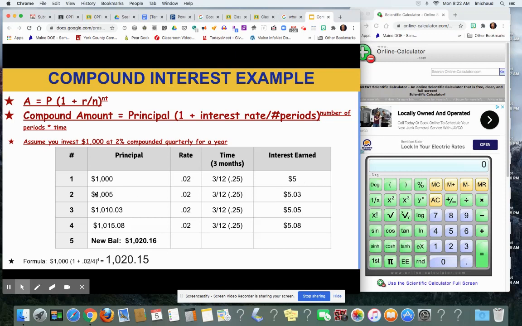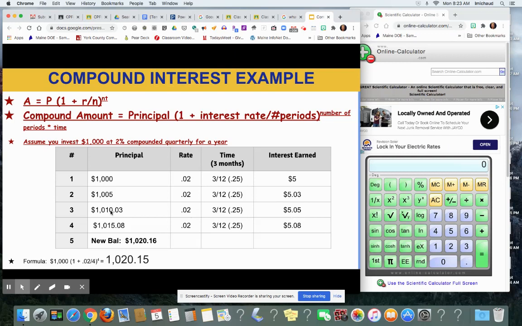So then your new principal at the beginning of the second quarter is 1,005. You multiply that by 0.02, again by 0.25 because it's a quarter of a year. That second quarter, you would earn $5.03. Turn around and add that to the original principal, and it's 1,010.03. And then multiply by 0.02, multiply by 0.25. That third quarter, you would earn $5.05.